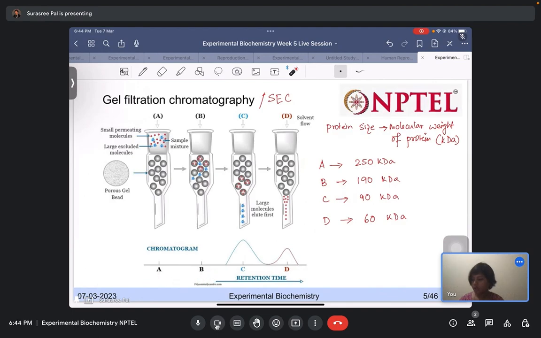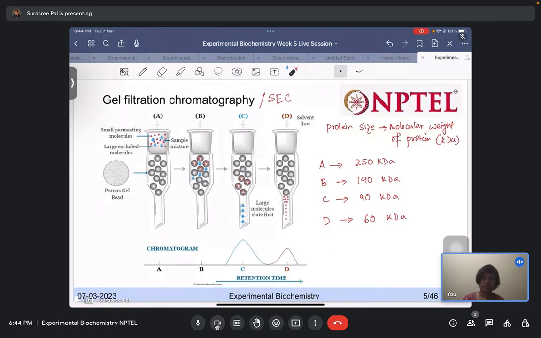If a total of 120 ml of solvent is passed, the first 40 ml will be void volume, which means the proteins that are not able to come inside the pores of these beads will be eluted in this void volume.